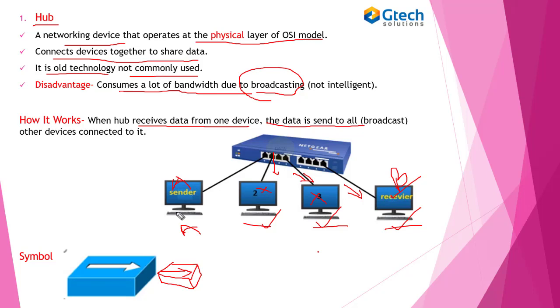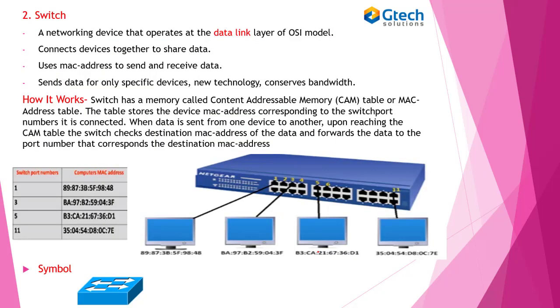So let's move to the next device. The next device is a switch. You can be asked, what is a switch? The best way to answer is that a switch is a networking device operating at the data link layer of the OSI model to connect devices to share data.